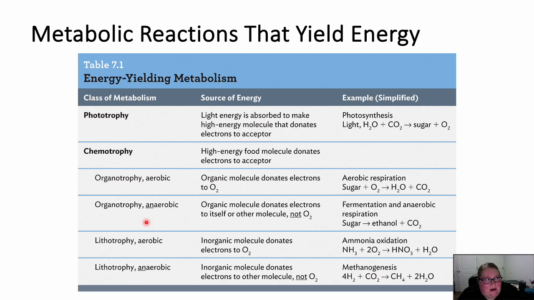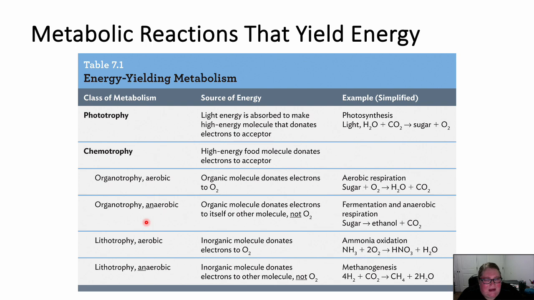A lot of times in anaerobic lithotrophy, an inorganic molecule like carbon dioxide accepts electrons from something like hydrogen gas, and we go through something called methanogenesis, which is the production of methane and water.